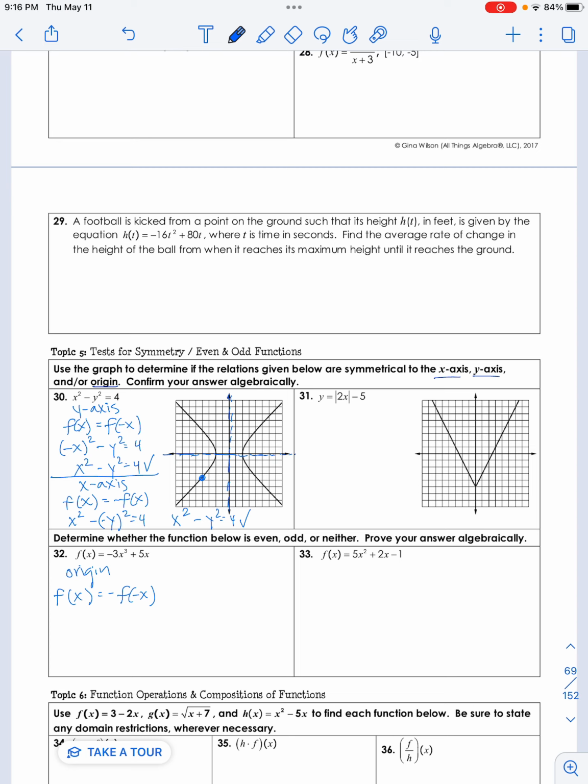Well, when I plug in negative x values, do I get the same thing as when I plug in negative y values? And I do, in fact, get x squared minus y squared equals 4. So this function has y-axis, x-axis, and origin symmetry.